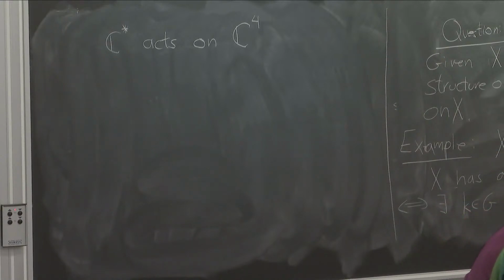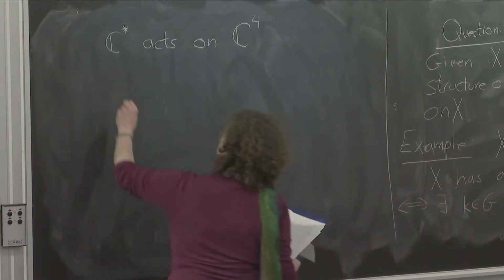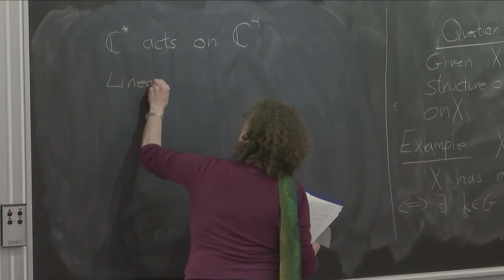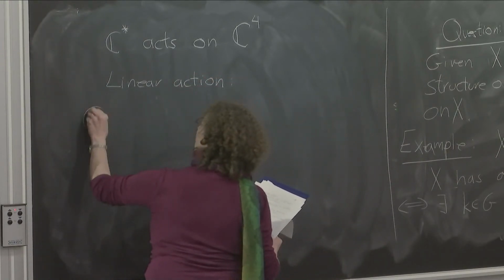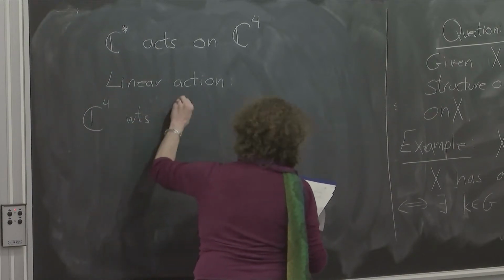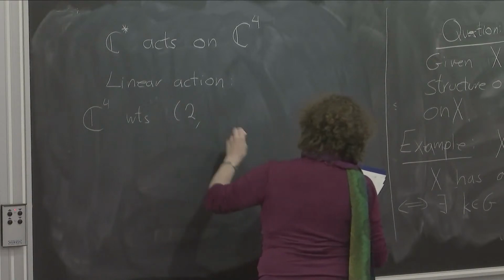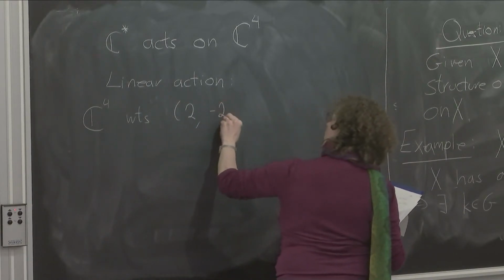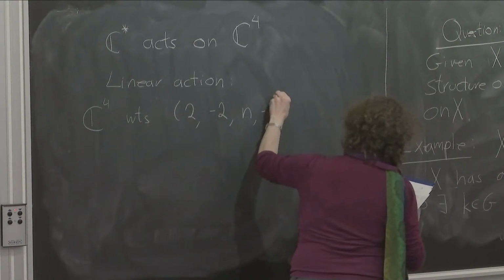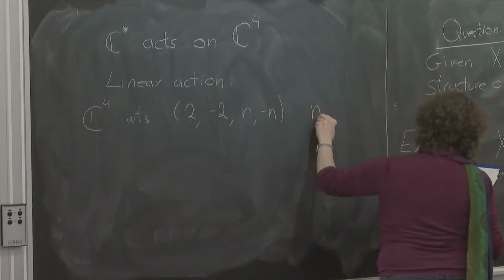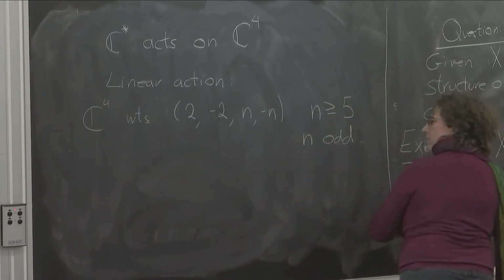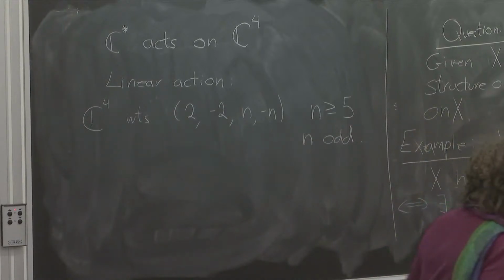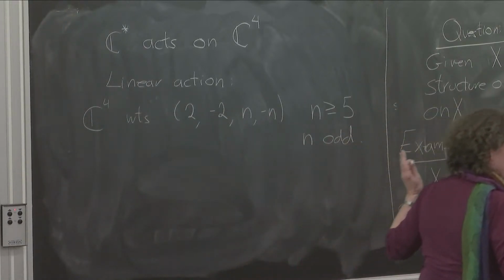With a linear action, C4 will have weights 2, minus 2, n, and minus n, where n is at least 5 and n is odd. So can't be nicer, a nice little linear action.